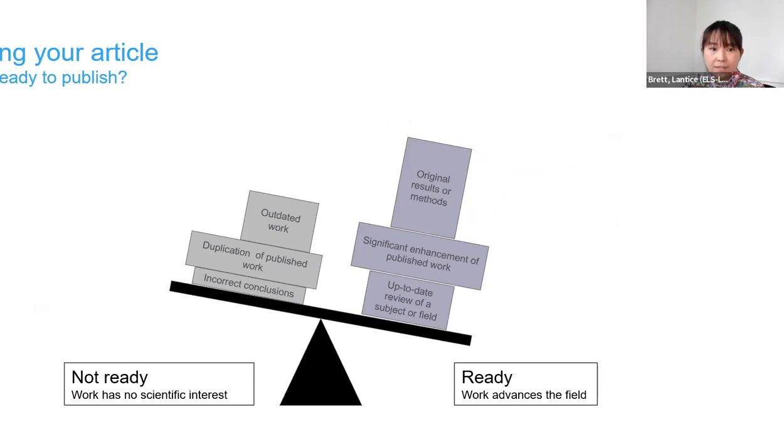You should consider publishing your research if you have information that advances the understanding in the specific research field. This could take the form of presenting new original results or methods, rationalizing, refining, or reinterpreting results, or reviewing or summarizing a particular subject or field.